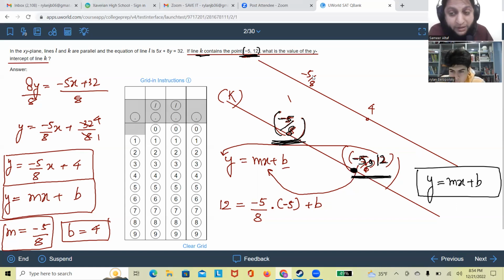I'm having slope and I want y-intercept, because the question is telling me what is the y-intercept of the line K. But I'm having 1 point, negative 5 and 12, which is on the line. So can't I plug in the value of x as negative 5, the value of y as 12, and the value of m as negative 5/8?